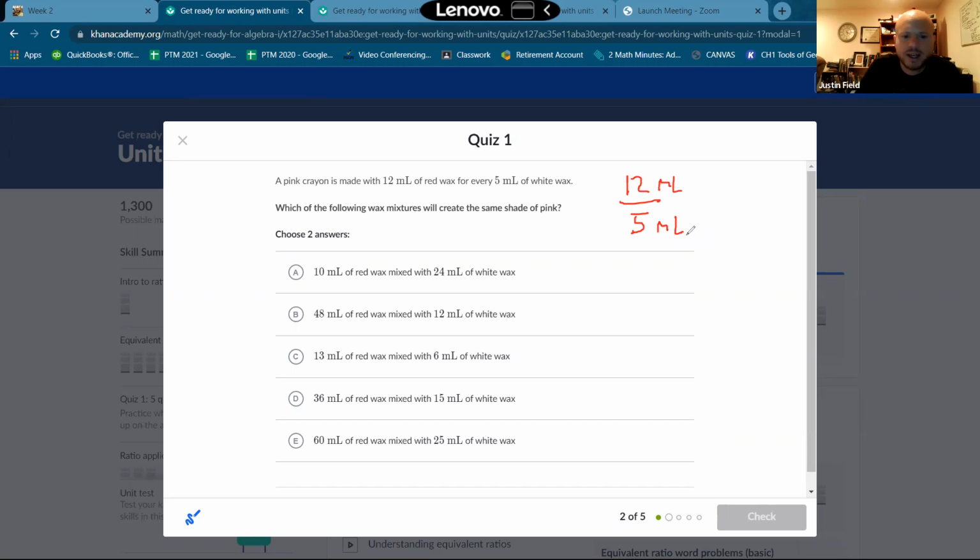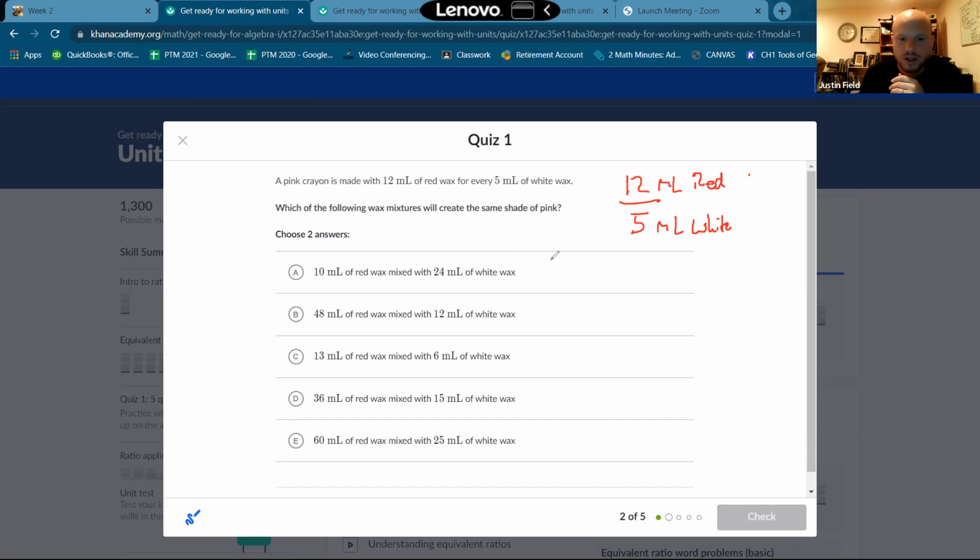This one is just a multiple of our ratio. So when I'm looking at the 10/24, oh, and this is red and white. 10/24, that is a multiple of 5/12, but it's reversed. It's supposed to be 24.